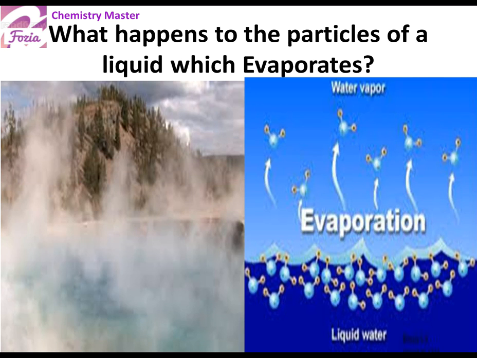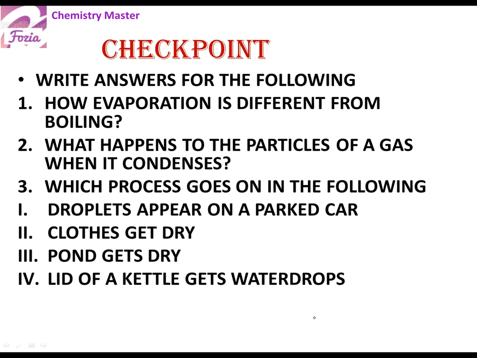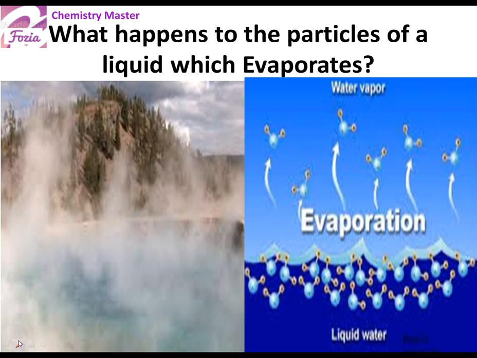Now another question which must be provoking your mind: what happens to the particles of the liquid which evaporates? Suppose I talk about this bulk of water, which has so many particles in it, having comparable energies. So let's talk about the energy of the surface particles.